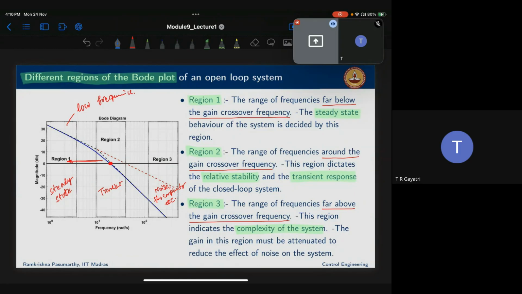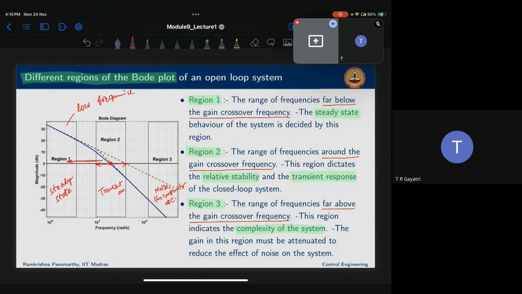In region 2, we have the area around the gain crossover frequency. Here mostly we deal with relative stability, finding the phase margin and gain margin and their variations. We also call that the transient region.